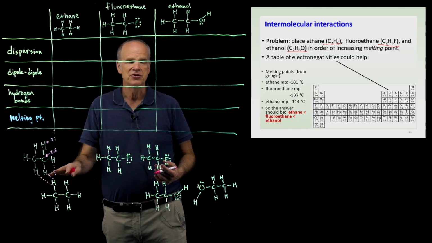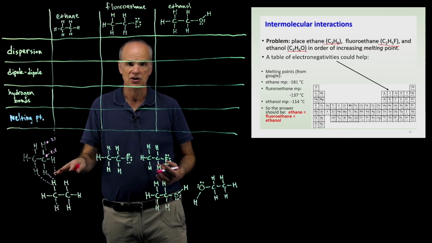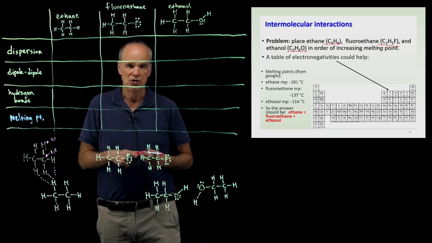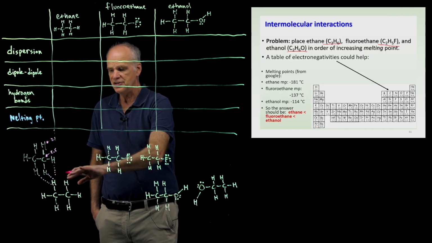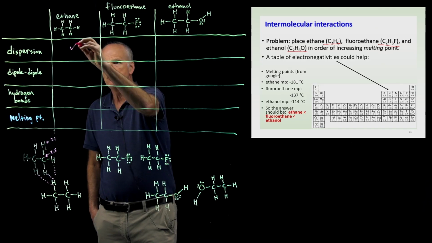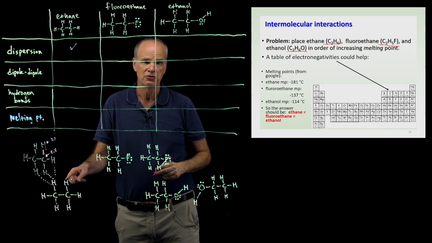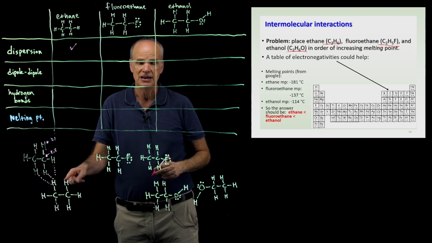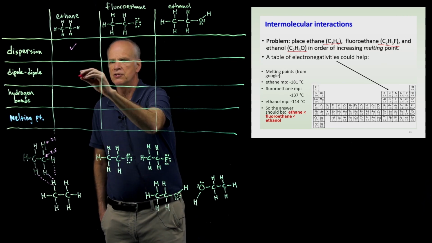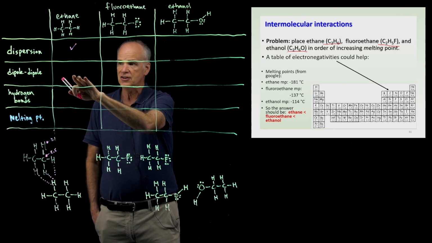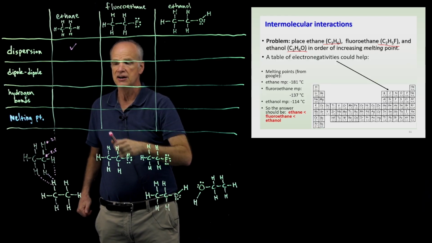And so these molecules will have a very low melting and boiling point. So ethane has dispersion interactions. It is not a polar molecule, therefore it doesn't have dipole-dipole interactions or hydrogen bonds. So we can put nothing in this box for dipole-dipole and nothing for hydrogen bonds.